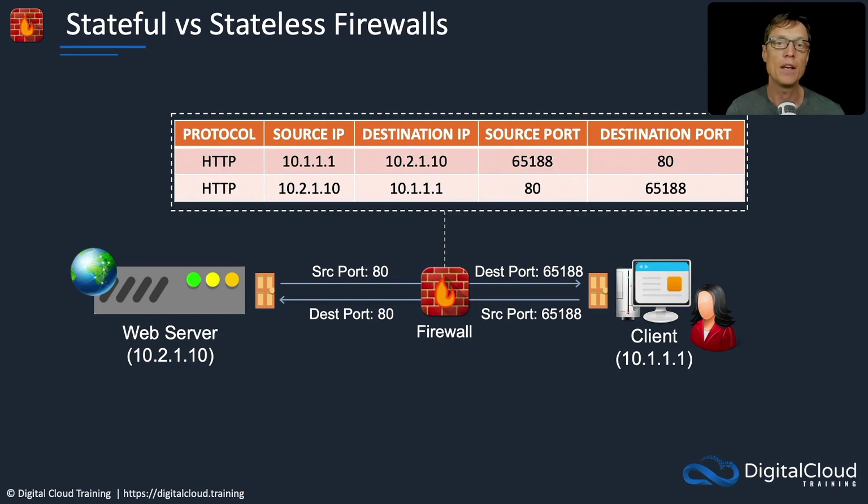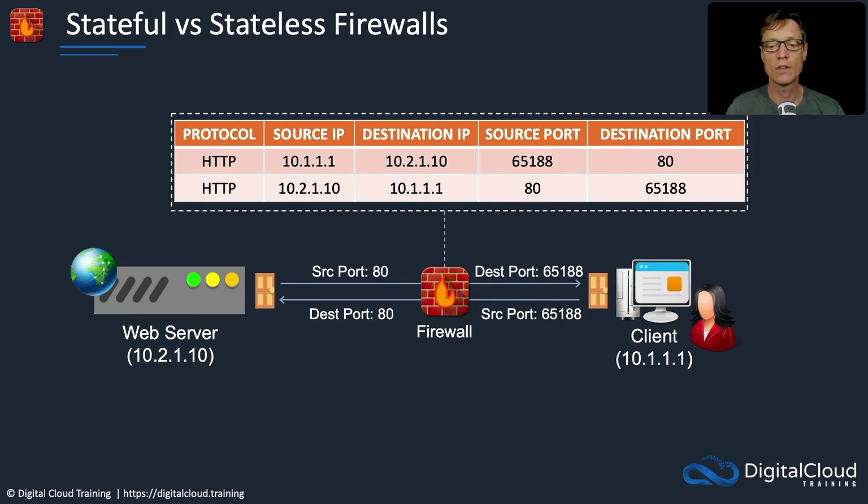Now what do we need in the firewall rule table to allow this to work? Well, we need a rule for HTTP that allows the source IP 10.1.1.1 to talk to the destination IP 10.2.1.10, and it has to have the source port and the destination port specified.